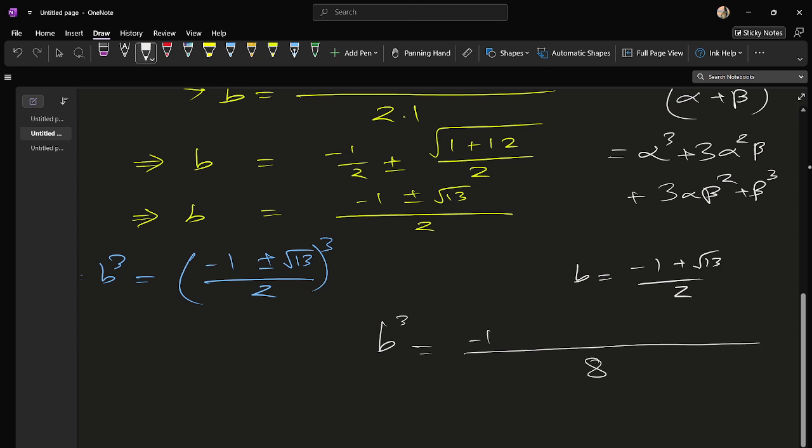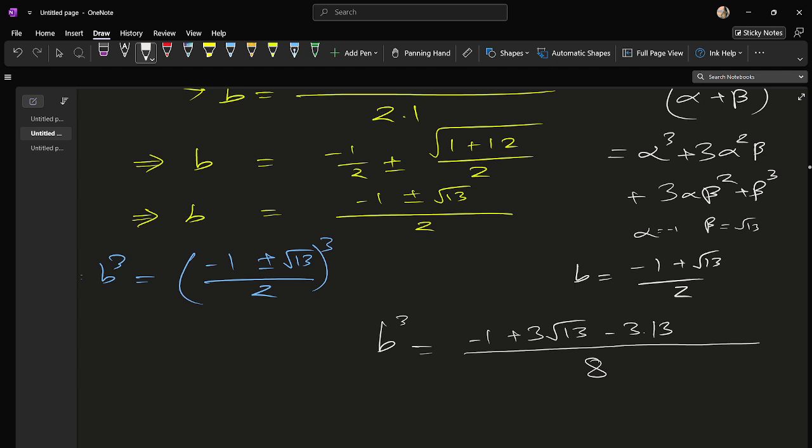So there will be minus 1 plus 3 root 13, then root 13 whole square, so that will be 3 into 13, because our alpha is minus 1 here and our beta is equal to root 13 here.